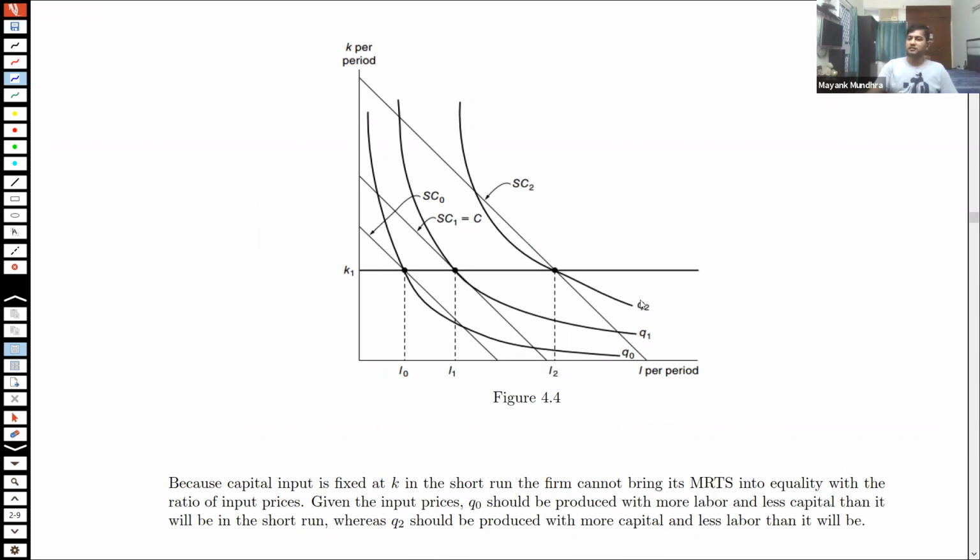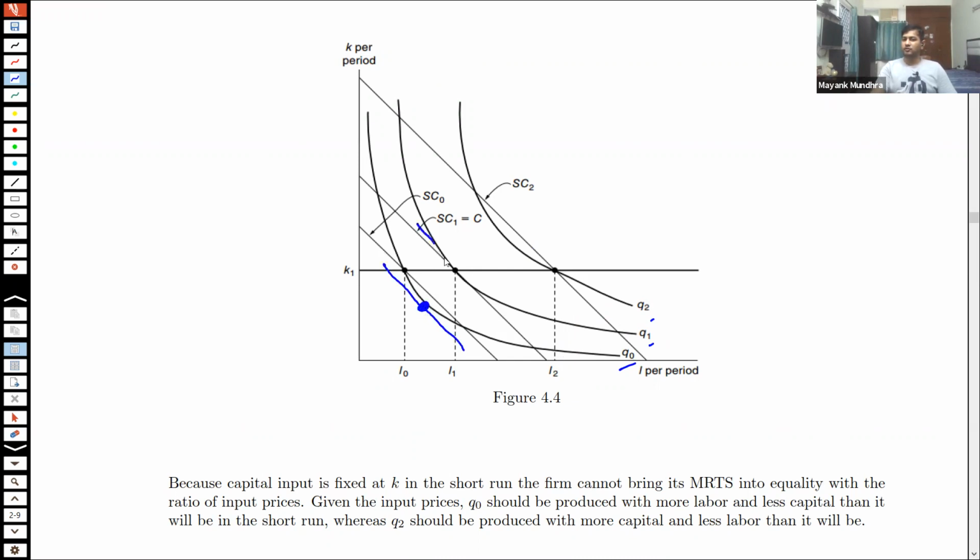Suppose these are different quantity levels, different isoquants pertaining to Q0, Q1 and Q2. In the long run, what we do is we find the tangency position. This is going to be the ideal for the long run.